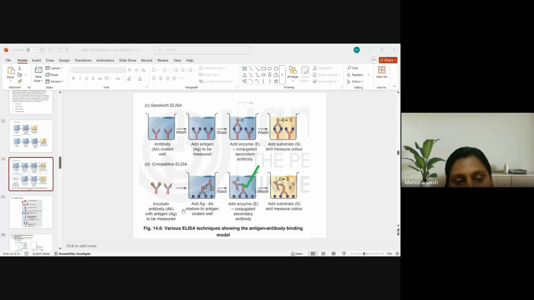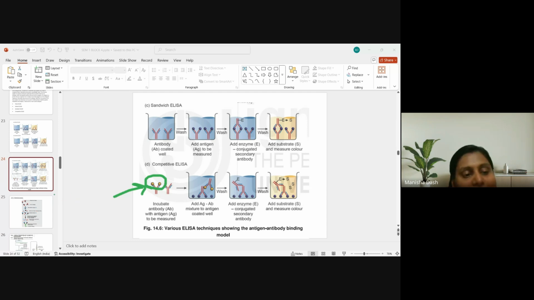Okay. So see, what is happening here is, this is the infected antigen that you are using from the patient sample. And this is the antigen that you are using from outside, like you are experimentally using this antigen.